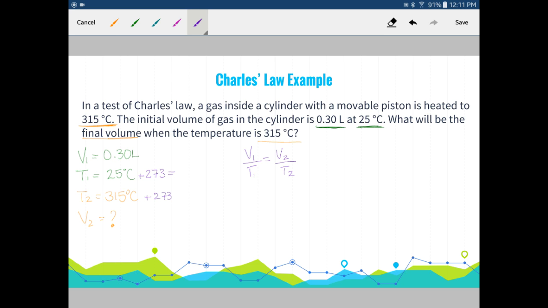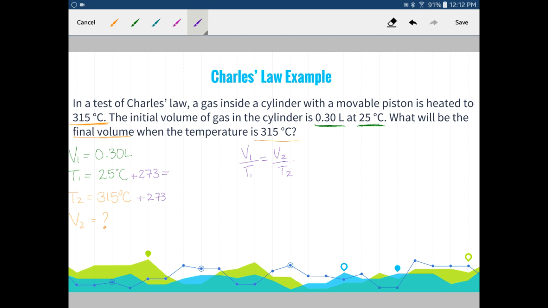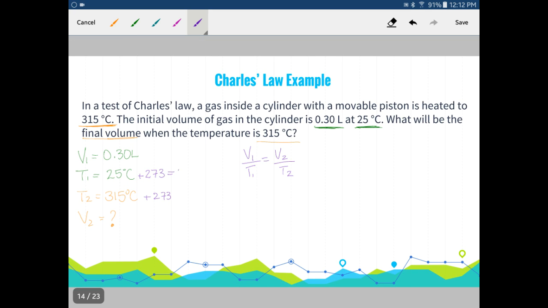When I add 273 plus 25, I get 298 kelvins. And when I add 273 to 315, I get 588 kelvins. Because I always should have my units in kelvins when I'm dealing with temperature and gases, I want to convert those units initially.